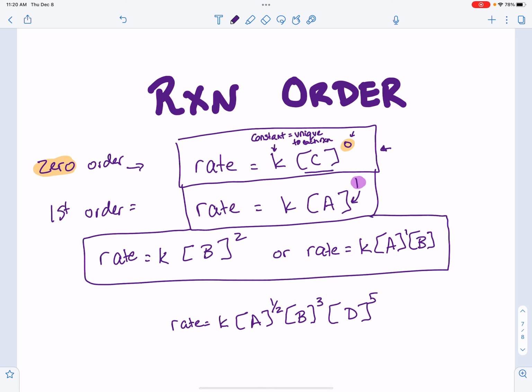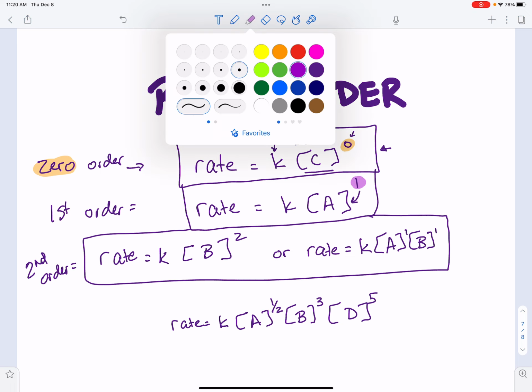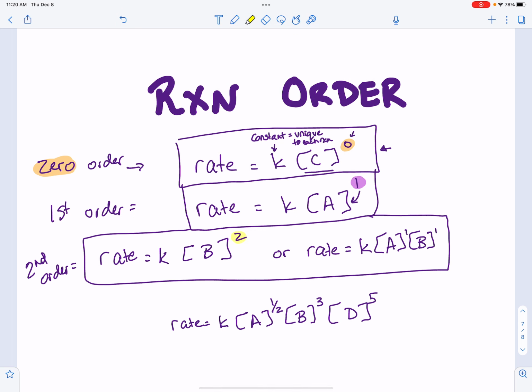Now we have a few options for how something could be second order. So it could just be that there's one reactant, but it's second order. It could also be that we have 2 reactants, and this is why it matters whether we're talking about the overall order or not. But our boxes are talking about the overall order, like second order overall.